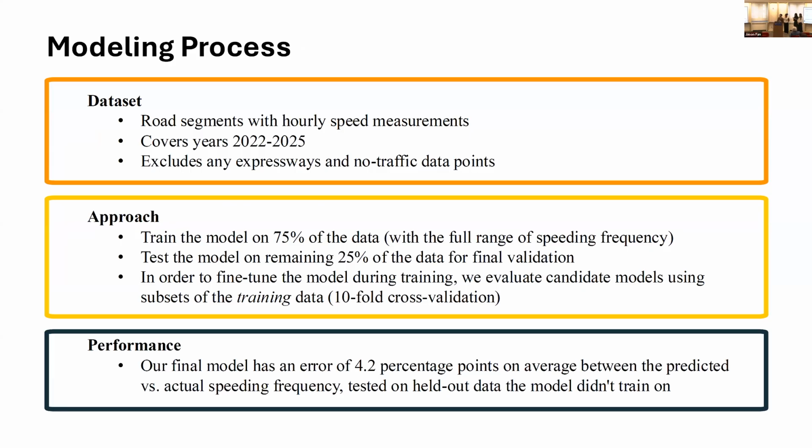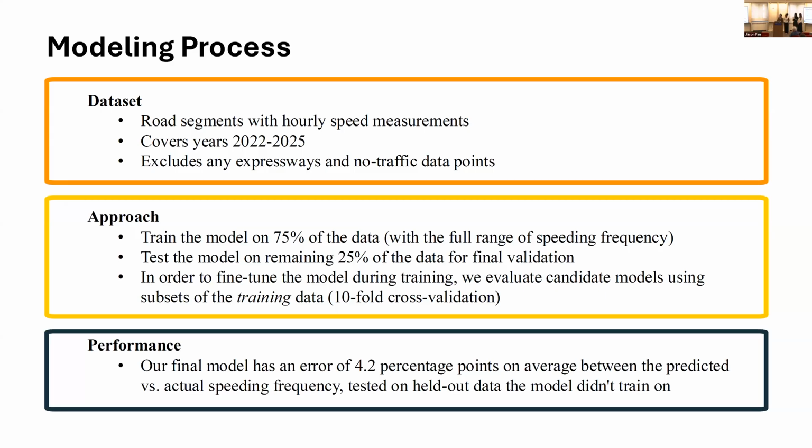So the data set, as we mentioned, consists of these row segments with speed and volume measurements. It covers the past few years. And with this data, we separate about a quarter of the data set purely for testing the final model performance, and we use the remaining three-quarters in order to train the model and to validate various hyperparameter settings and evaluate the model as we develop it.